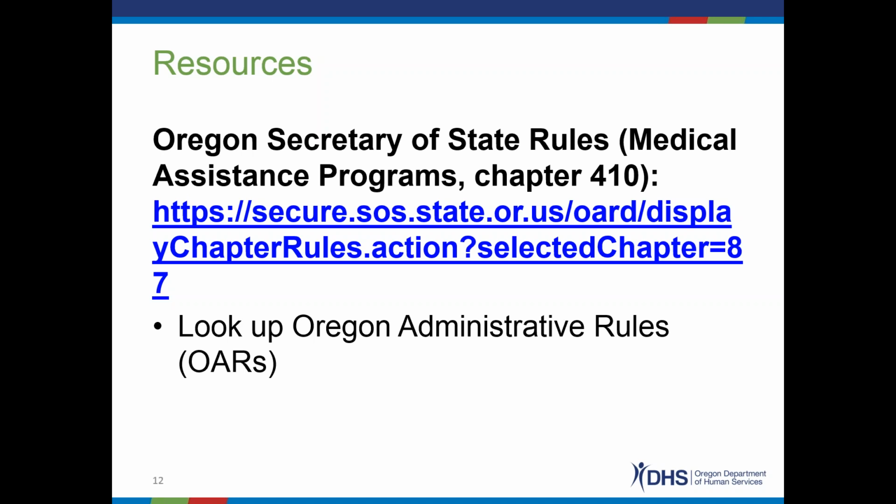So that will likely take you to the section that you're looking for. And then within that chapter, there's a number of different subsections where you can look up specific rules. So that is handy if you're someone who likes to figure out exactly what rule is leading to a certain policy, etc.